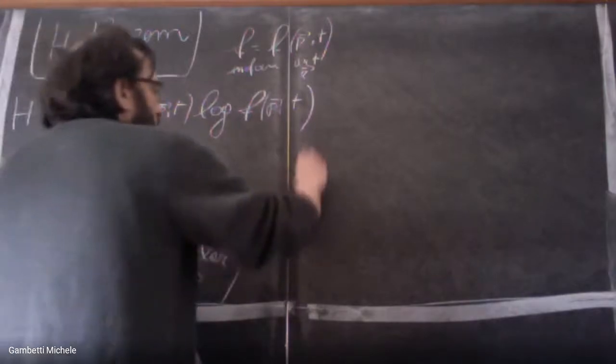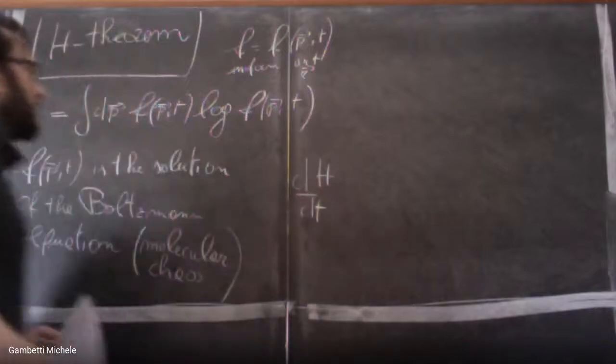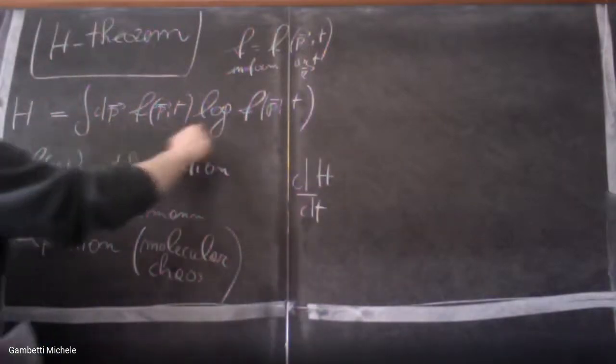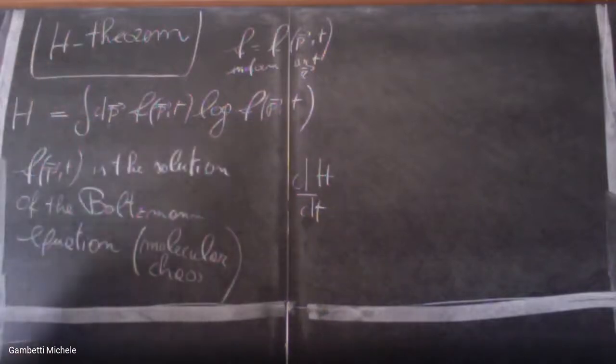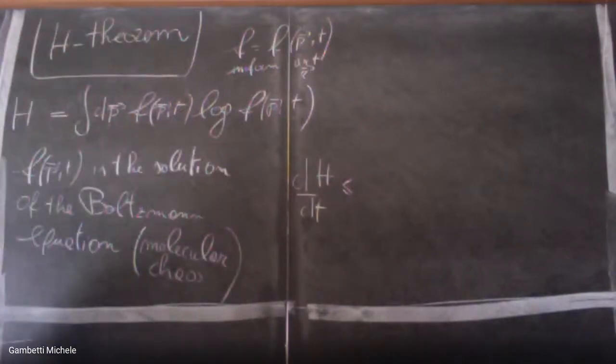So basically one defines this quantity, and the H theorem says that the derivative of H with respect to time, because here I'm integrating over momentum, there's no dependence on R, but there is a dependence on t, is less than zero.